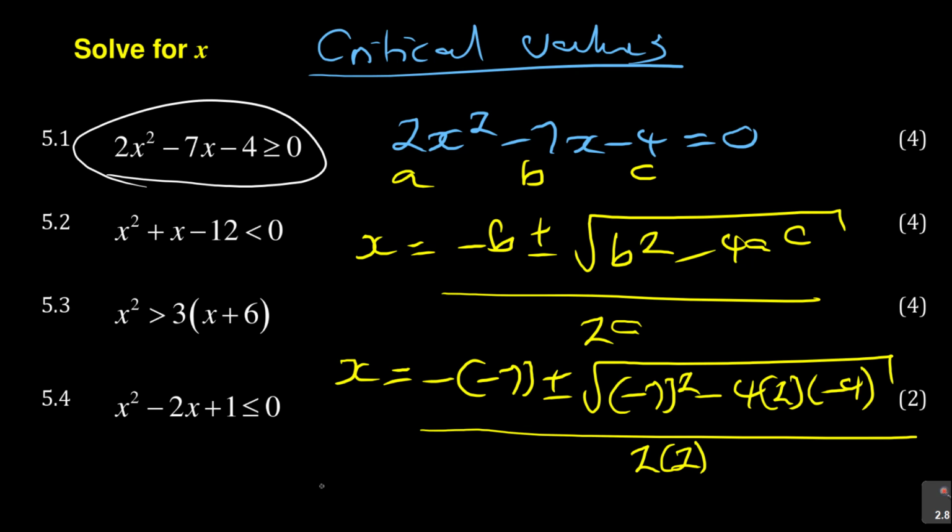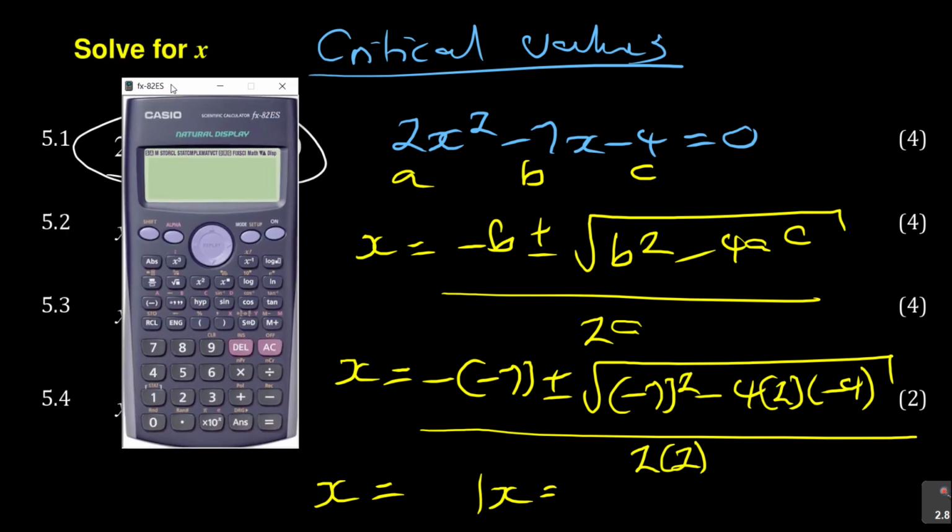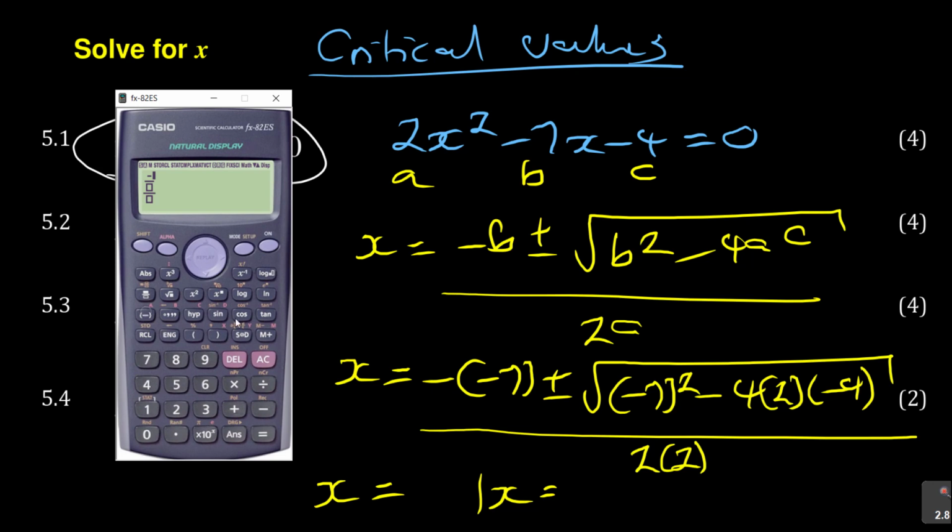Just try to solve for x for me there. What will you get for x? Two values of x. Let me get the answers. It's negative b, bracket negative 7, plus the square root of bracket negative 7 squared, negative 4, all over 2 and 2.